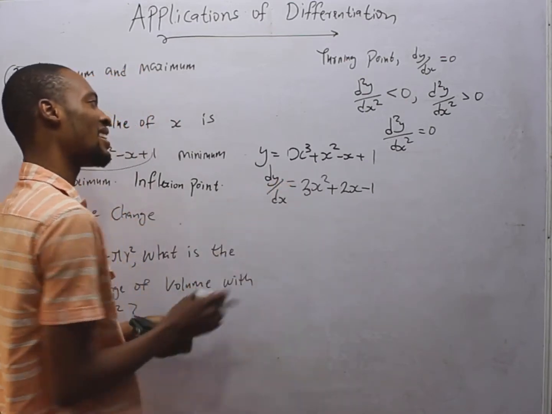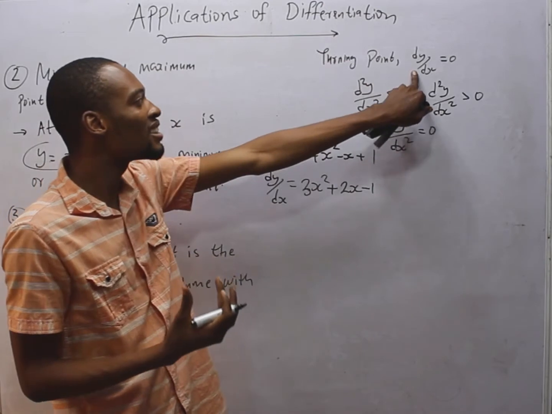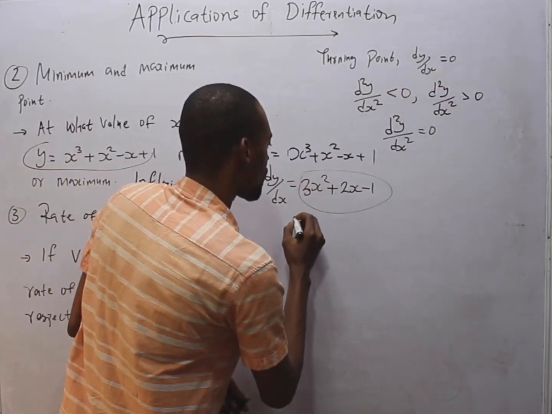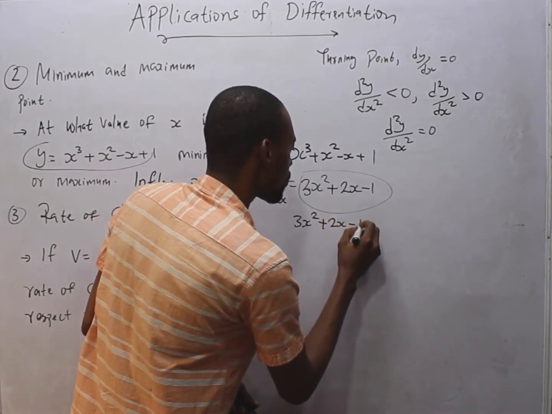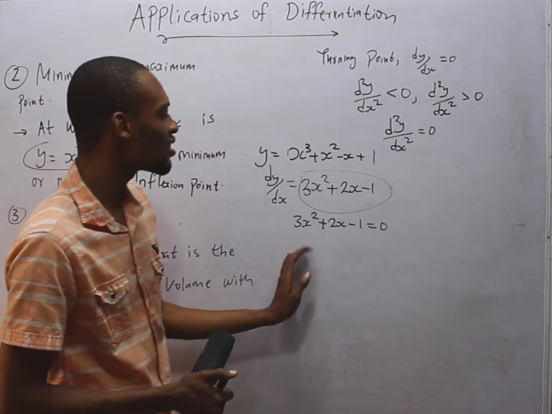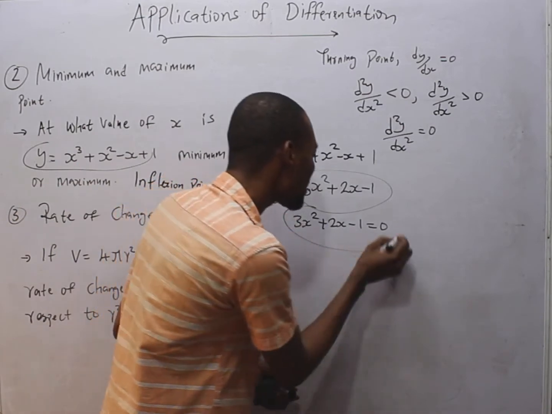This is dy/dx. And remember, at the turning point, dy/dx is equal to 0, meaning 3x squared plus 2x minus 1 is equal to 0.